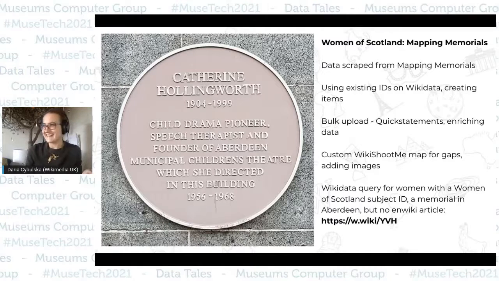Because it's said that in some cities in Scotland, there are more memorials of animals than of women. So this was a way of bringing that knowledge to the forefront on Wikidata and then onto Wikipedia as well.